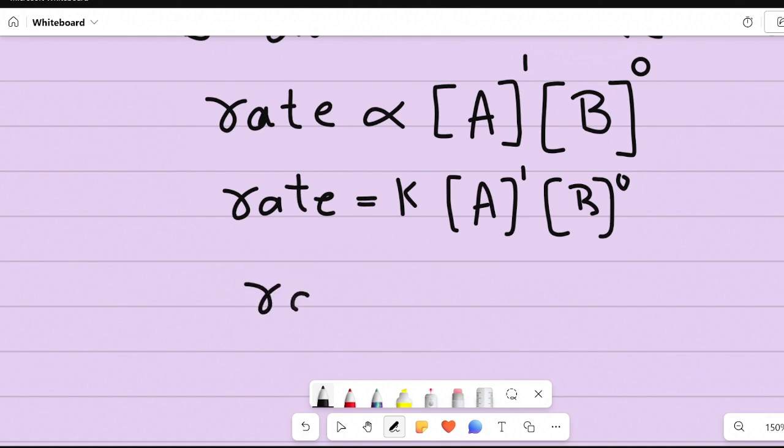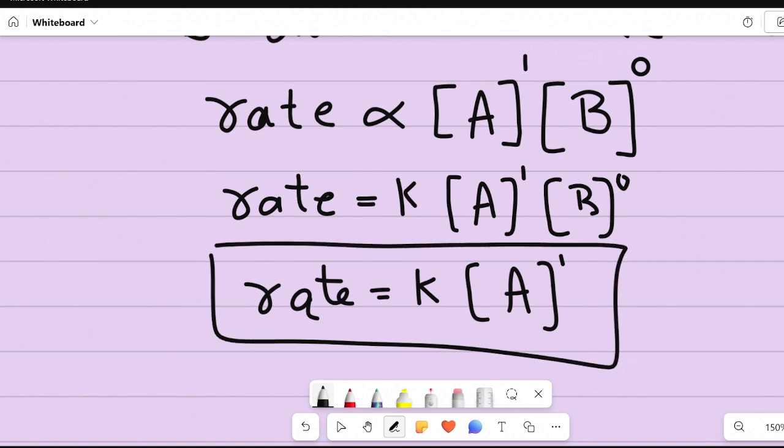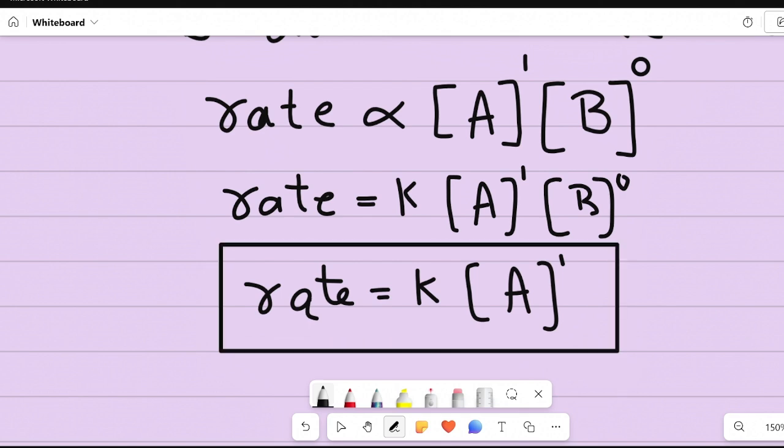The equation is going to look like rate = k[A]^1. That's the equation for the first order of reaction. It means if you are increasing the concentration of A, the rate is going to increase by the same factor. If you double the concentration of A, the rate will double. If you triple the concentration of A, the rate becomes triple.